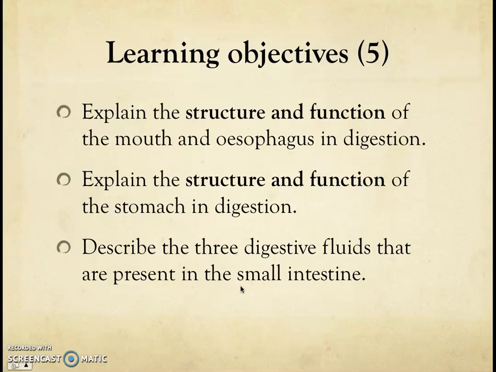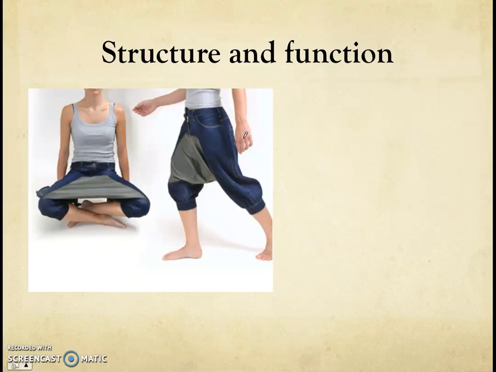Before we move on, I'm sure you realize that I've put these words in bold: structure and function. That's because this is an important theme in biology which you will see come up again and again, that there is a relationship between the structure and the function of different organs and of different things. For example, I'm sure you remember this about the picnic pants. These pants look very funky.